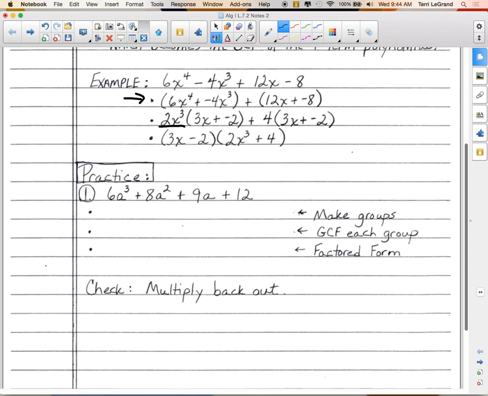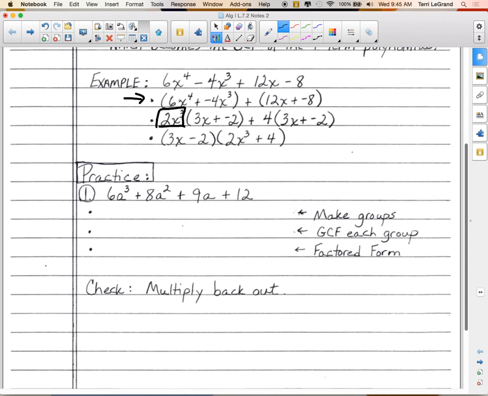So if I look at 6 and I look at negative 4, the biggest number that I can divide out of both of those is 2. I look at the x parts, the x to the 4th part and the x to the 3rd part, and one of them has 4 factors of x, the other has 3 factors of x. That means I should be able to divide out at least 3 factors of x out of both of them. Thus, my GCF for that group becomes 2x cubed.